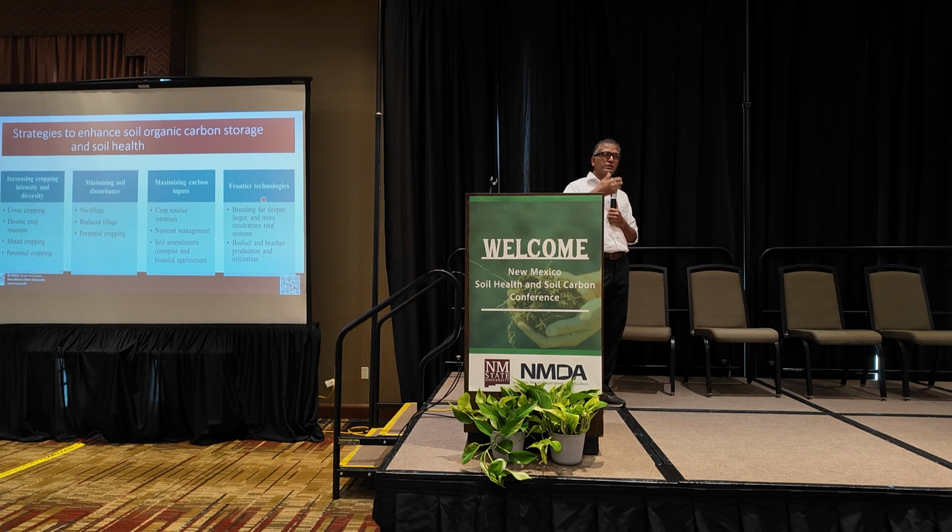The surface carbon is more active, more prone to disturbance activities, and more prone to loss during disturbance. But if we put carbon deeper into the profile, then the disturbance impact is less. And then a larger and more recalcitrant rooting system keeps carbon for a long time.